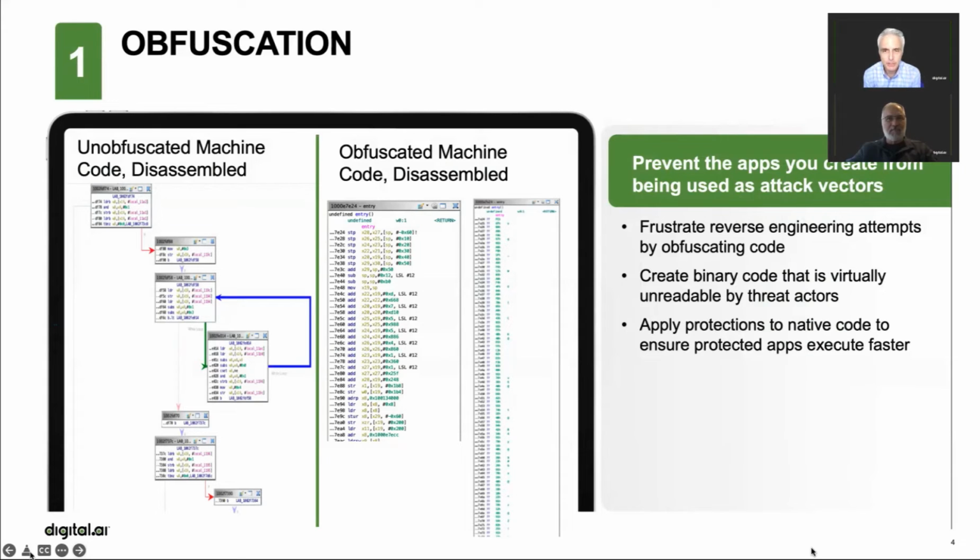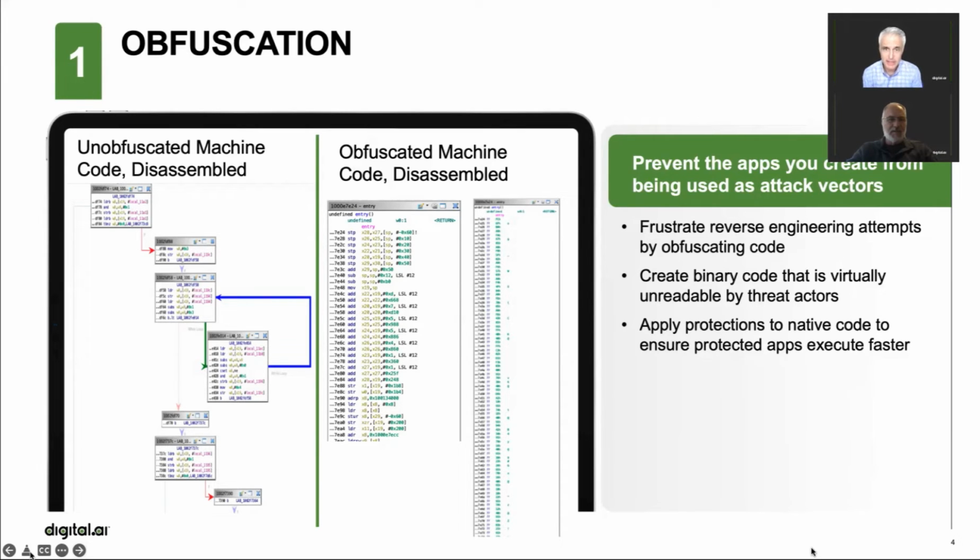We take the unprotected binary and feed it, along with the protection blueprint that you create, or we create for you, into an engine that produces the protected binary. The protected app contains obfuscated machine code that runs as originally designed, but is virtually unreadable by threat actors, even after it has been fed into a disassembler.